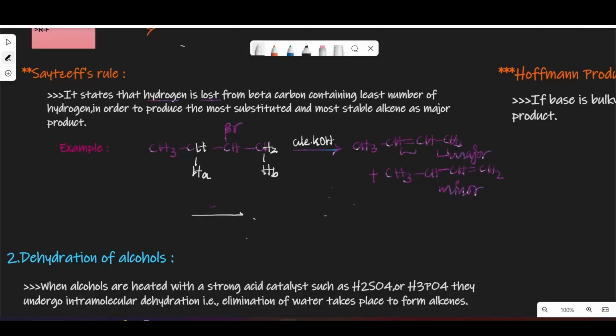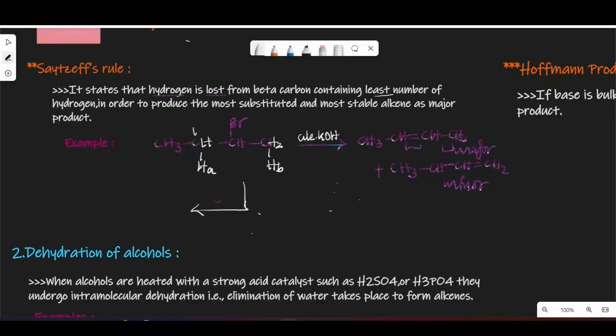According to the Saytzeff rule, hydrogen is lost from the beta carbon containing the least number of hydrogens. Both are beta carbons, but here we have only two hydrogens, while here we have three hydrogens. So we are removing this hydrogen in order to get the most stable alkene, and we get this most stable alkene as the major product.